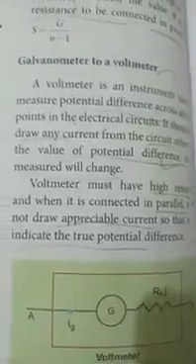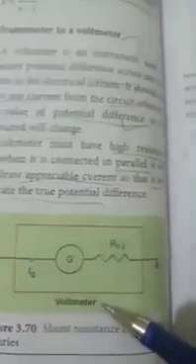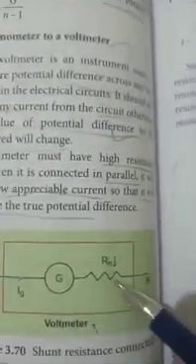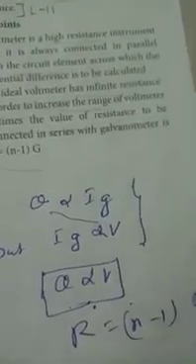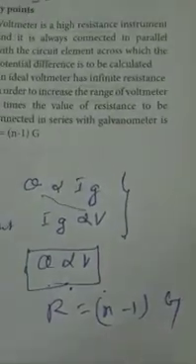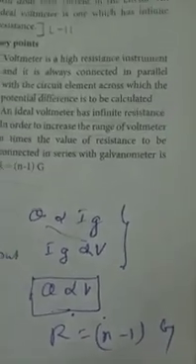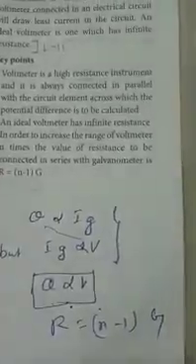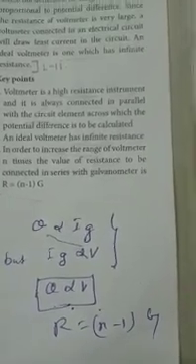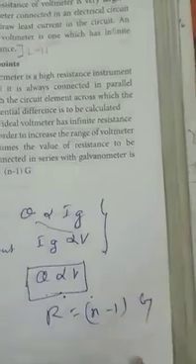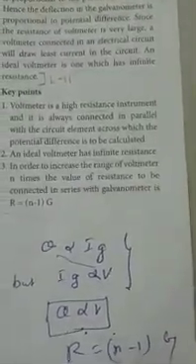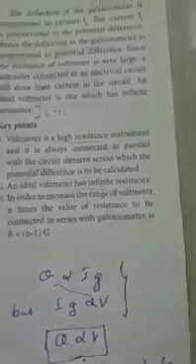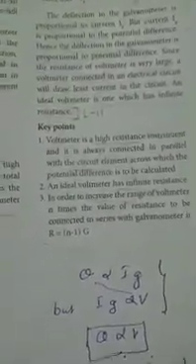If we want to increase the range of the voltmeter to n times, the value of the connected resistance will be R is equal to n minus 1 into G. The resulting voltmeter range increases to n times, and the value of the connecting high resistance will be R is equal to n minus 1 into G. These are all about the conversion of galvanometer into voltmeter.